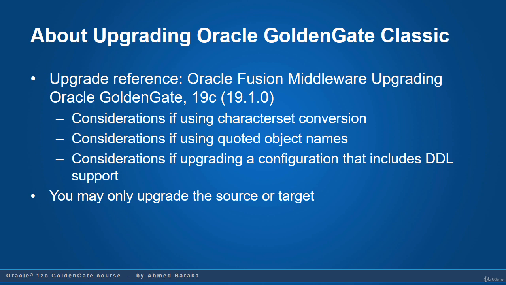For example, in some cases, the source system or the target system is not under your control. You send the trail files to a system in a different department or a different entity. However, if you decide to go with this option, the upgrade procedure should slightly be changed. You will learn about the required changes in this lecture.